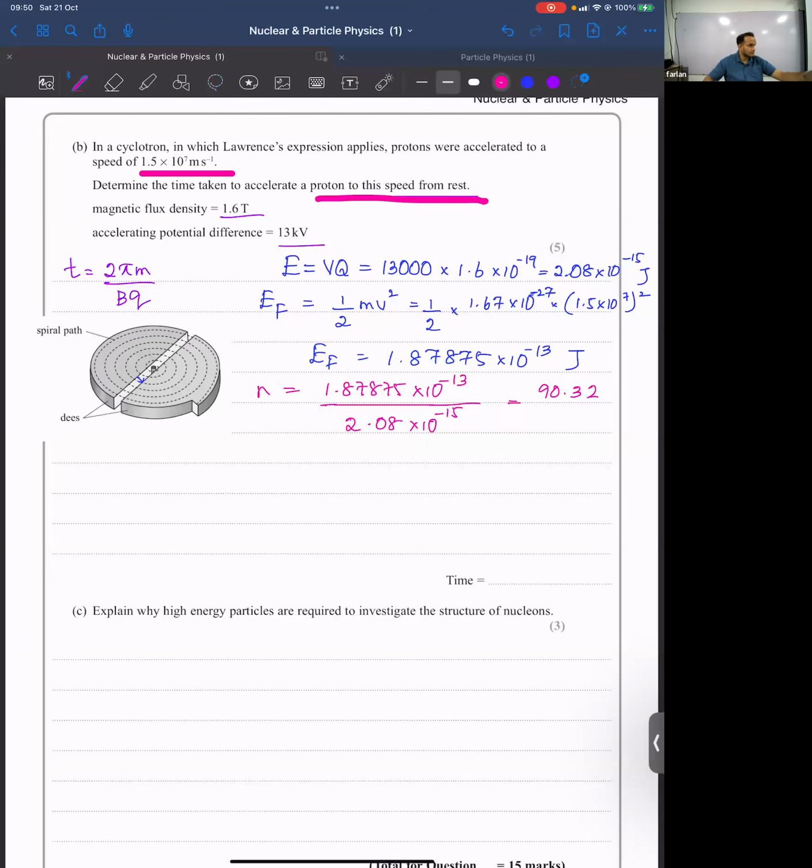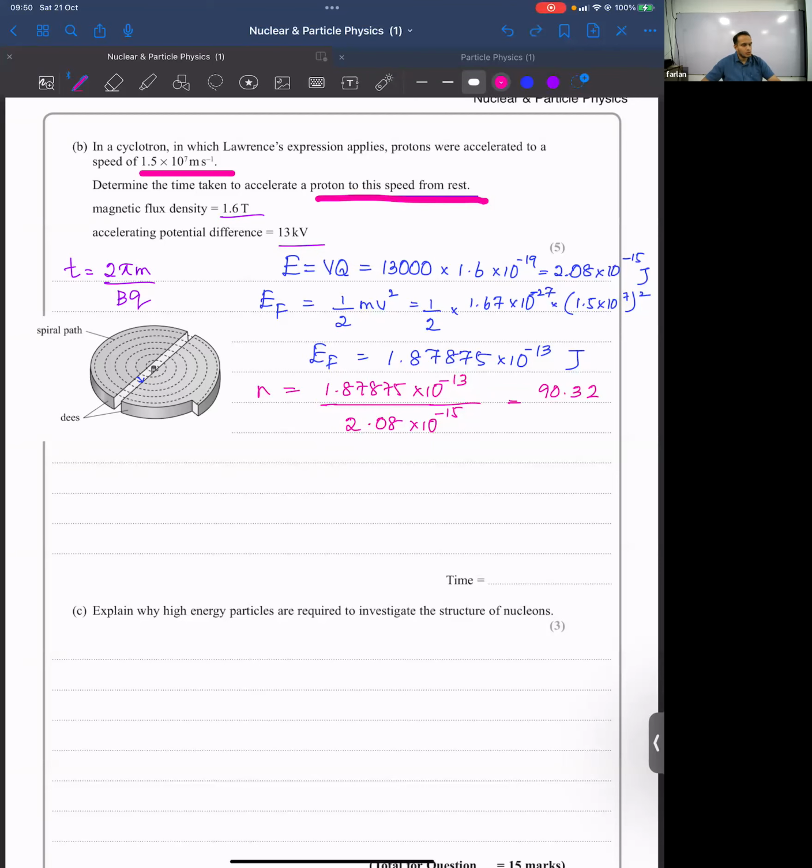I repeat, listen. When it is accelerated once between the D's, it gets an energy of 2.08 into 10 to the power minus 15 joules. So how many times should it be accelerated between the D's to get this final energy? It is the final energy divided by the energy gained in one acceleration.